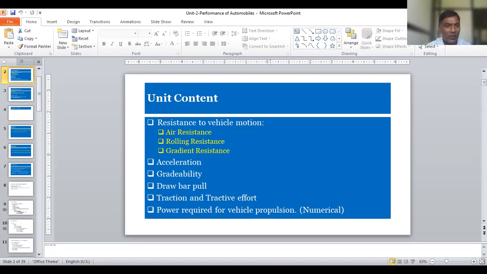In that case we can write rear wheel tires, and that is known as tractive effort. What I have told you: front engine front wheel drive, tractive effort is available at the front wheel tires. Front engine rear wheel drive, tractive effort is available on the rear wheels. Now here: rear wheel tire, front wheel tire, front and rear wheel tire.